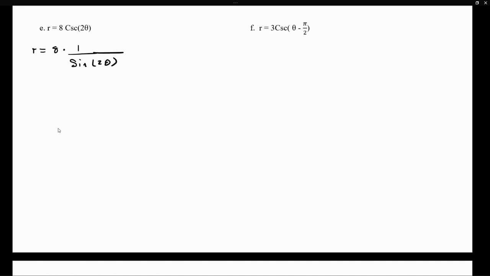So therefore, cosecant 2 theta is 1 over sine of 2 theta. So let me just rewrite this. This is equal to 8 over sine of 2 theta. So now let's rewrite our sine function, the double angle, because we know that the double angle identity for sine is 2 sine theta cosine theta.